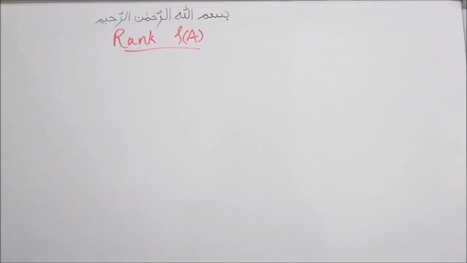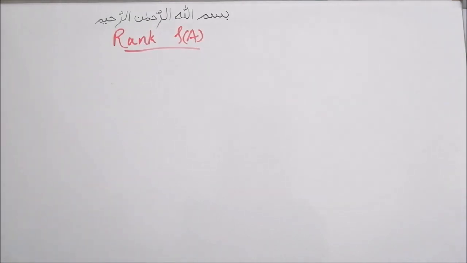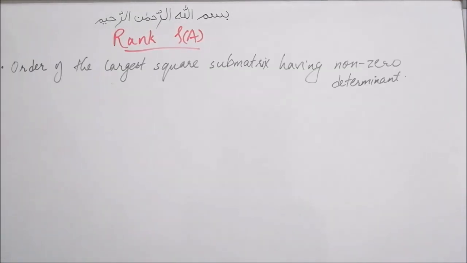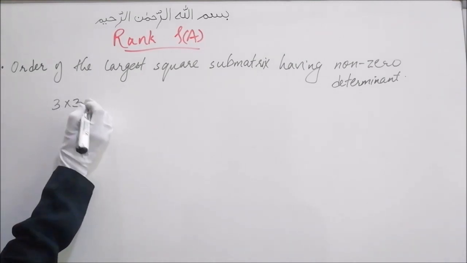Now we look into the rank of a matrix, which we are going to denote by rho of the matrix A, that we will call the rank of the matrix A. The rank of a matrix is the order of the largest square submatrix having non-zero determinant. What this means is that, let's say you have a 3 by 3 matrix.